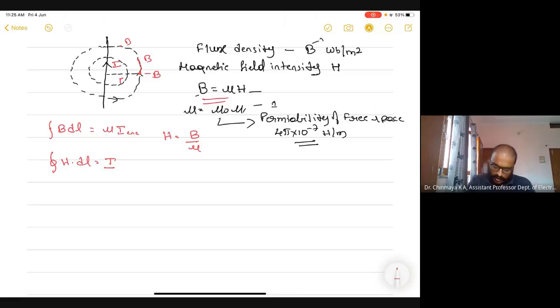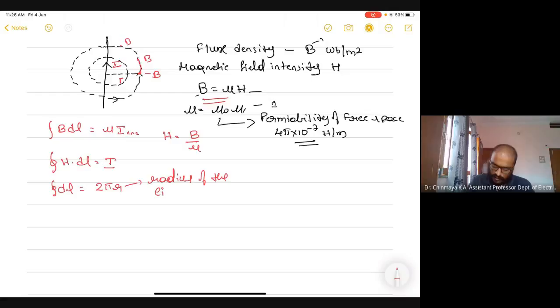However, for a closed integral over a circle, we know that it is the circumference of the circle, which is equal to 2 pi r, where r is the radius of the circle.